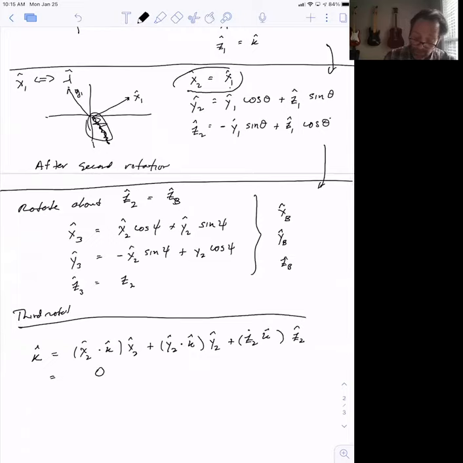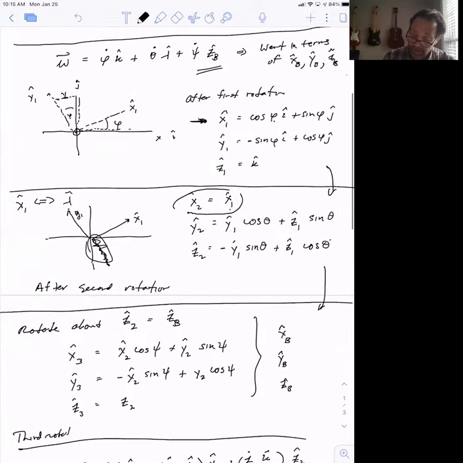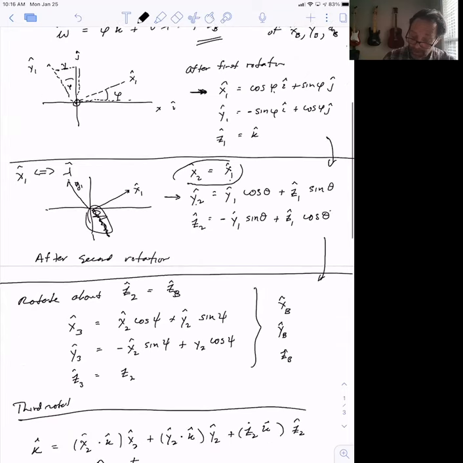So our next term will be plus. Now let's have a look at y2 dot k hat. Here's y2, I'm pointing an arrow to it, dot k hat. y2 is in fact y1 cosine theta plus z1 sine theta. This was much easier in class, but you get the drift, you've seen it. y1, which I just have in there, has no k hat in it.